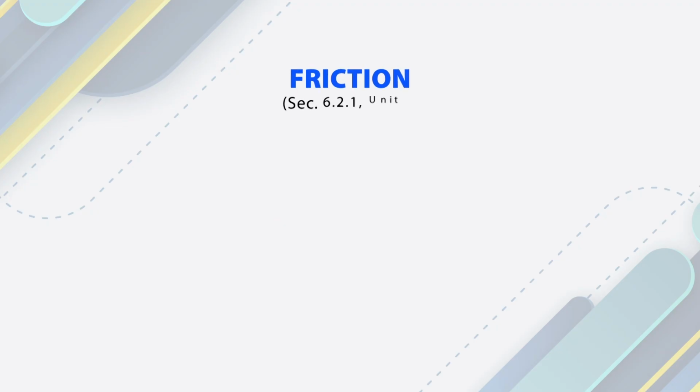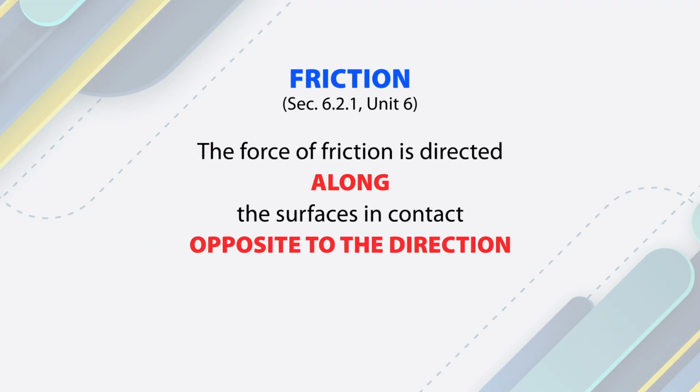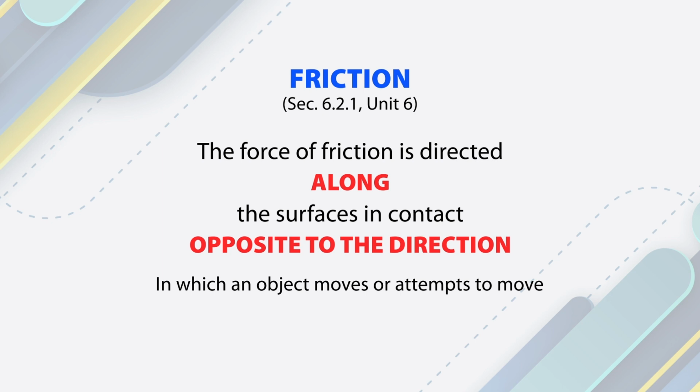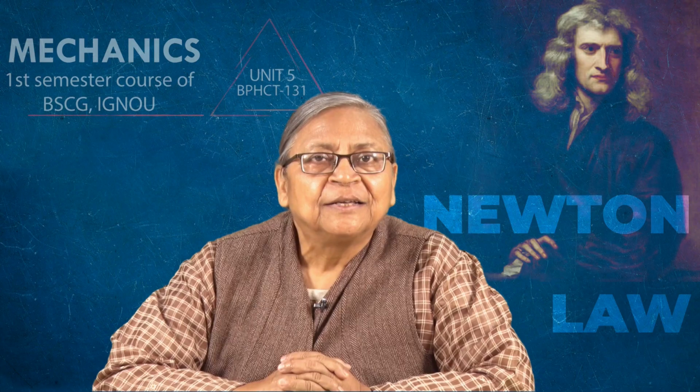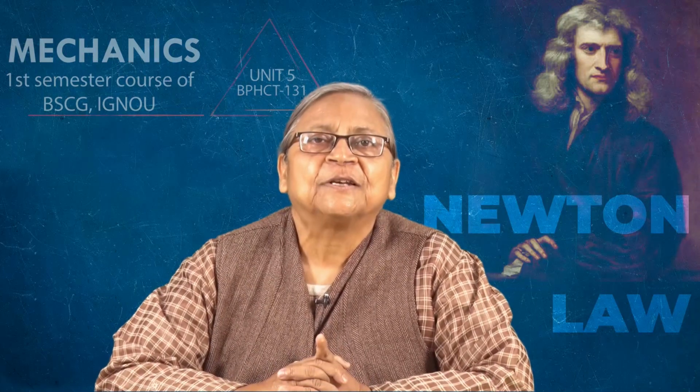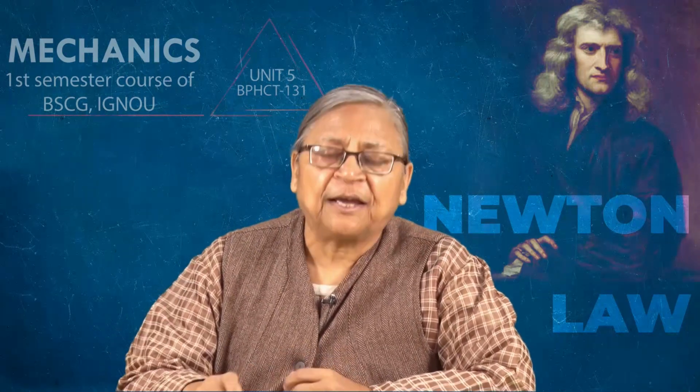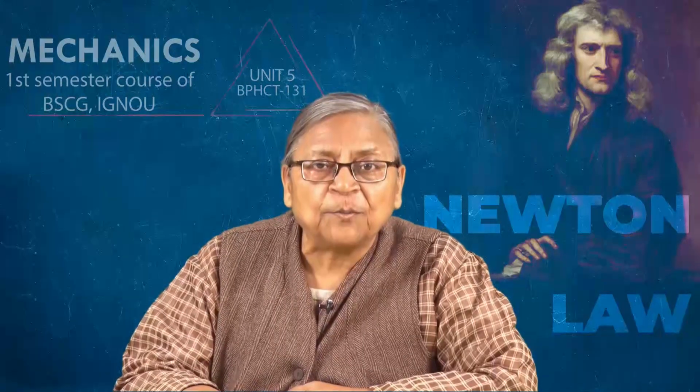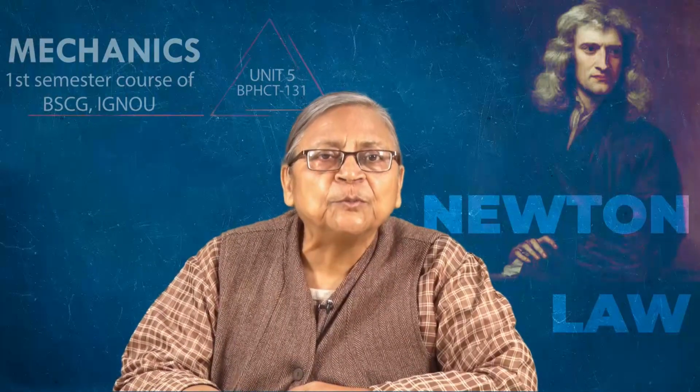So friction is a force which is directed along the surfaces in contact. Unlike the normal force which was perpendicular to the surfaces in contact, friction is along the surfaces in contact and opposite to the direction in which the object moves or attempts to move.